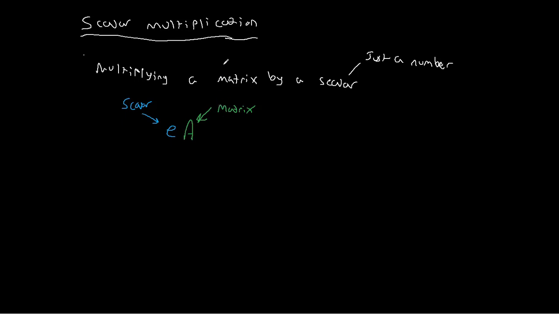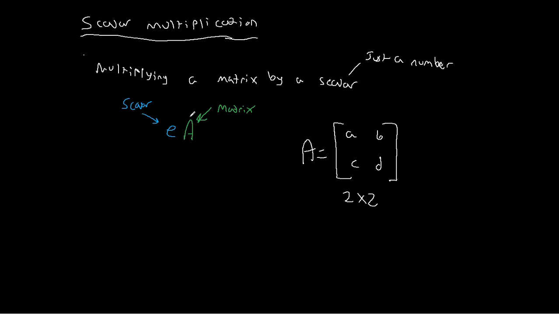Let's go ahead and define our matrix A. A equals, let's do a 2x2 case: A, B, C, D. A 2x2 matrix, 2 rows, 2 columns.